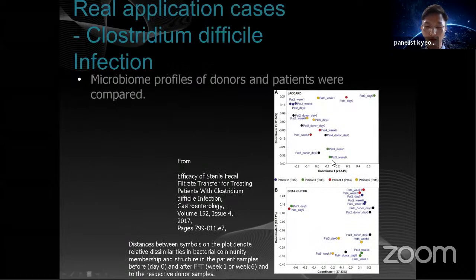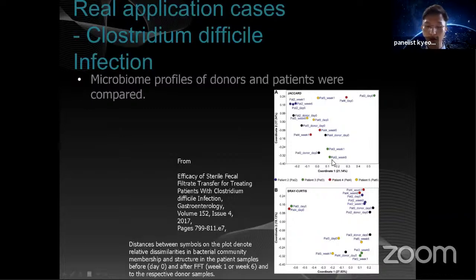They collected fecal samples from patients before and at 1 week and 6 weeks after FFT. Microbiome profiles of donors and patients were compared using NGS. They confirmed that FFT restored normal stool habits and eliminated symptoms.